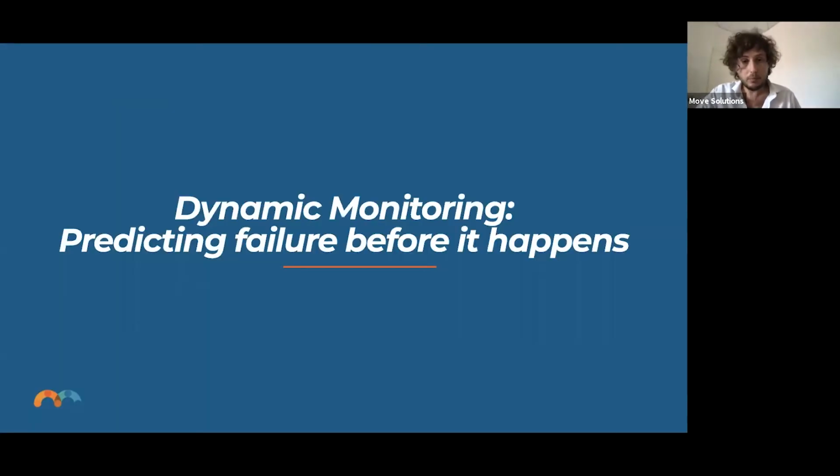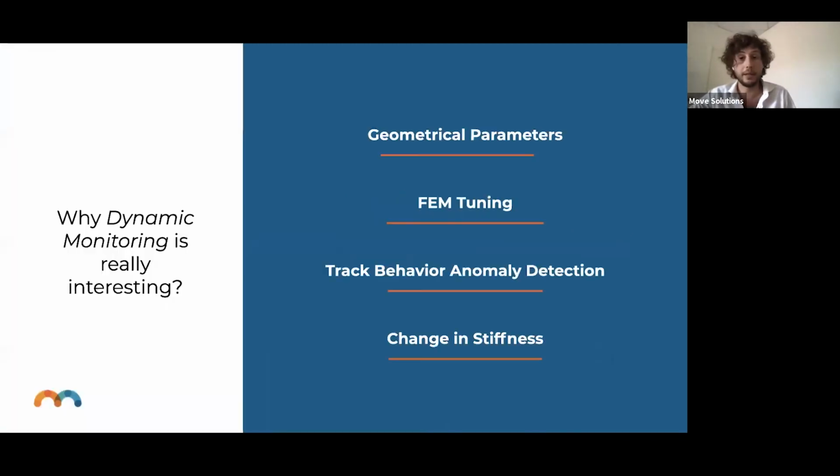So in a certain way, I think dynamic monitoring is changing the idea of monitoring, how you monitor something, because you can in a certain way predict the failure before it actually happens. So this is really powerful. It's a really powerful technique.